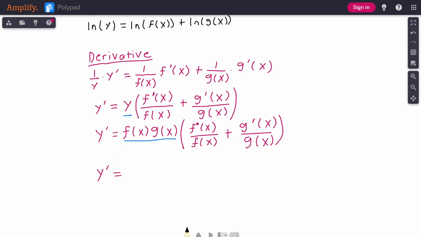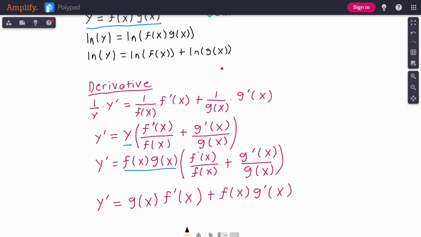You'll notice that when we do that, the f of x will cancel out with this f of x in the first term, leaving us with just g of x times f prime of x. And similarly, the g of x here will cancel out with this g of x here, leaving us with just f of x times g prime of x. And there you have it. That is the product rule that we know and love. And we got there using natural logs and implicit differentiation, which I think is pretty cool.